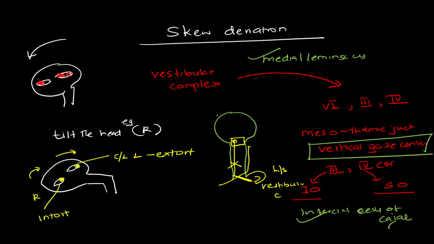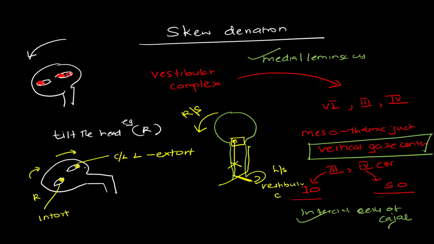Even though the patient has not turned his head, it assumes there is some sort of difference between the communications coming through the medial lemniscus of the right side and the left side. The left side is less, the right side is greater, so it assumes that the right vestibular complex might be active because of a head tilt, which is not actually there. So it assumes that the head is in a tilted position to the right.